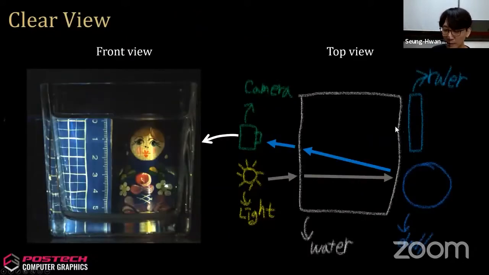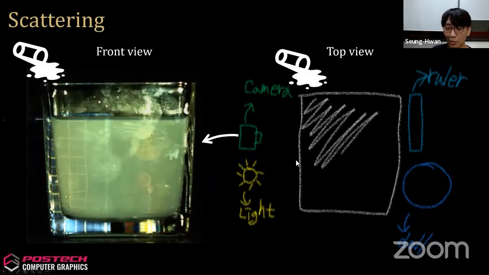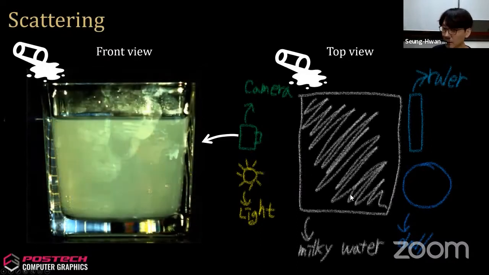Also, what we tested out is descattering. This is the clear view of a ruler and a doll right behind a glass that contains some water inside. We have our spatial polarimetric imaging system in front of this scene that consists of a camera and a light source. And we pour milk inside of this glass, which is going to limit the visibility of the scene quite significantly.